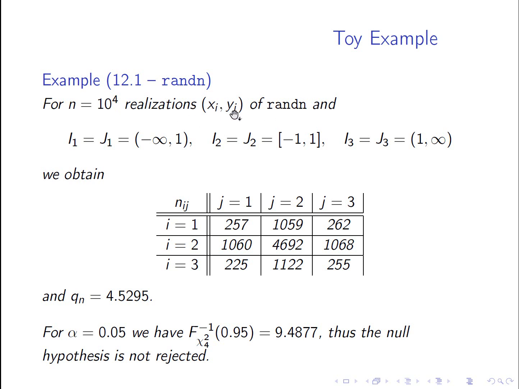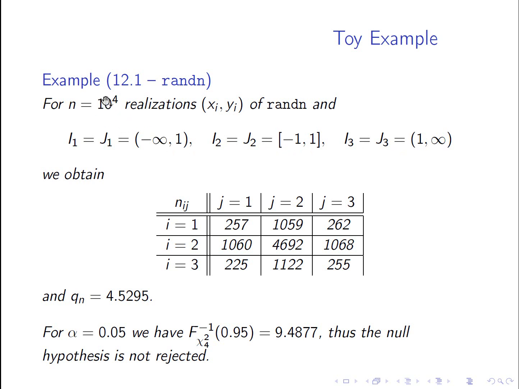I paired them in pairs x_i and y_i, to check whether these two can be realizations of independent random variables, so that the first component and second component are independent. Okay, one needs to build a partition, and it's a toy example, so here I've taken the intervals from minus infinity to minus 1, minus 1 to 1, and 1 to infinity.